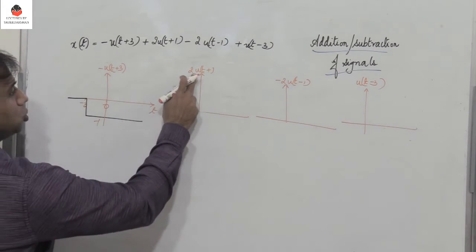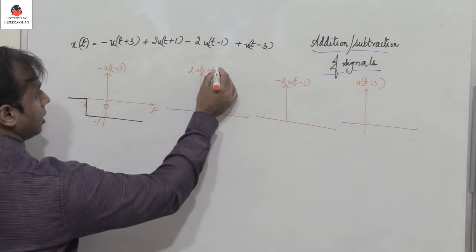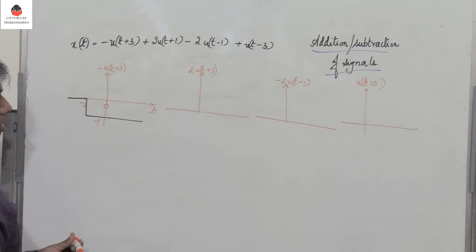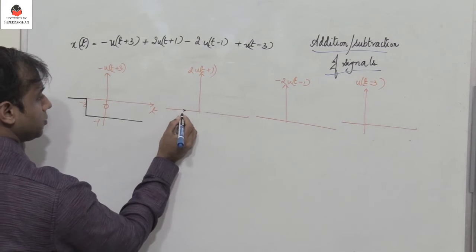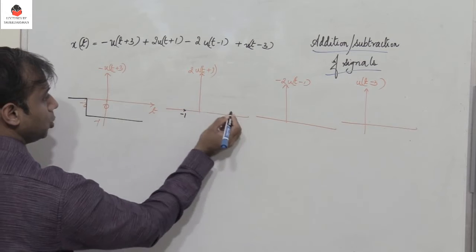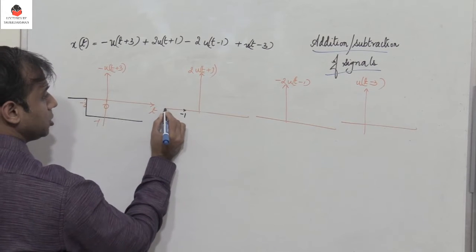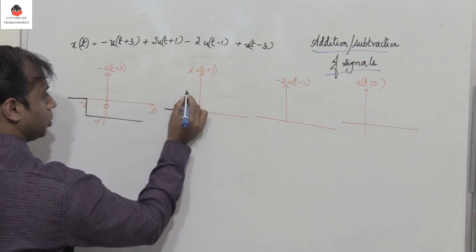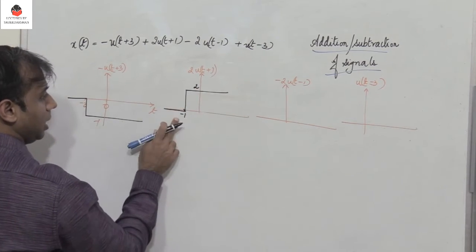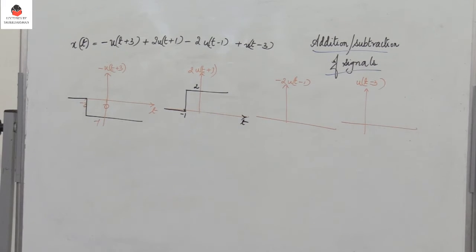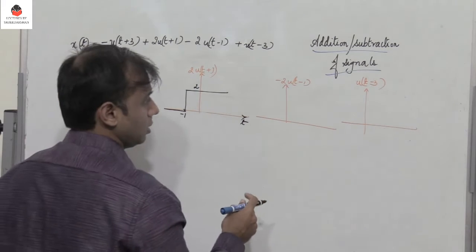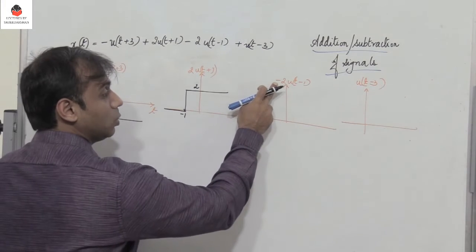Next, what is 2 u of t plus 1? The signal now exists from minus 1 to infinity, but the amplitude is 2. So the amplitude will be 2 from minus 1 to infinity. Next, u of t minus 1 multiplied with minus 2.